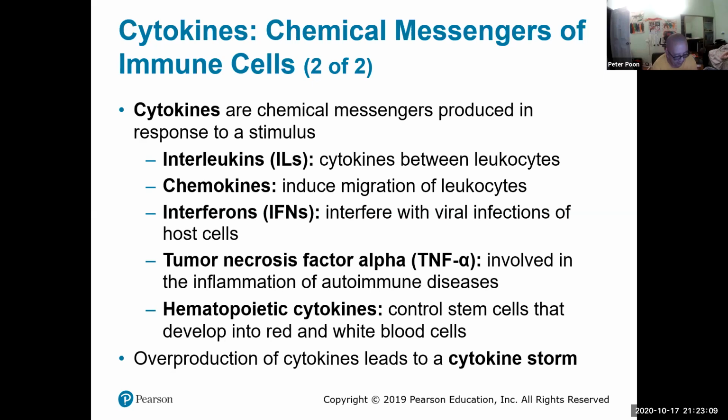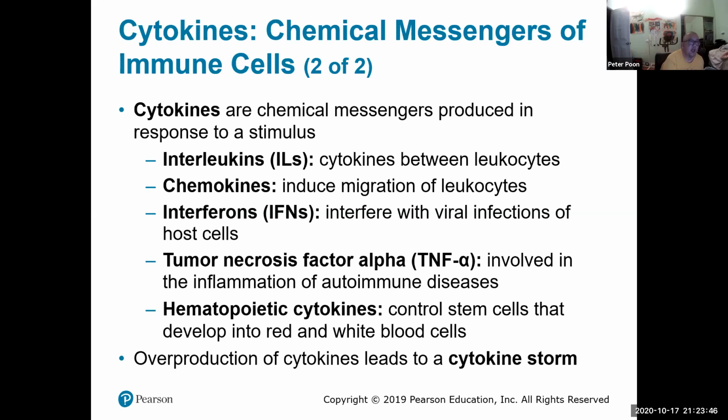So they usually have IL and then a number, IL-1, IL-2, IL-14, etc. Chemokine will induce migration of leukocytes, so they know where to go. They find the signal by going up the concentration of chemokines. Interferons and TNF alpha we already covered in the last chapter, so I won't go over those again.